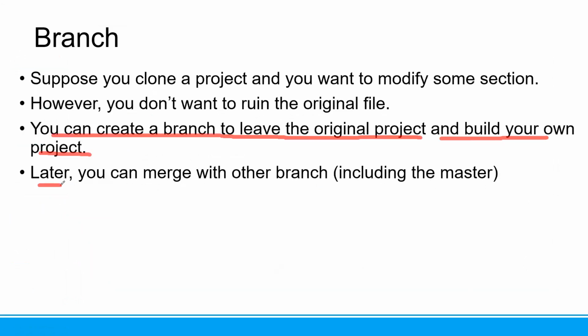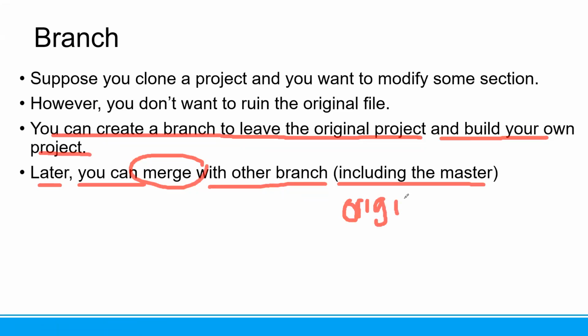And later, you can merge with other branches, including the master. So the origin, I can say it is the master. If you create a new branch, then it will be in a different direction of the development.